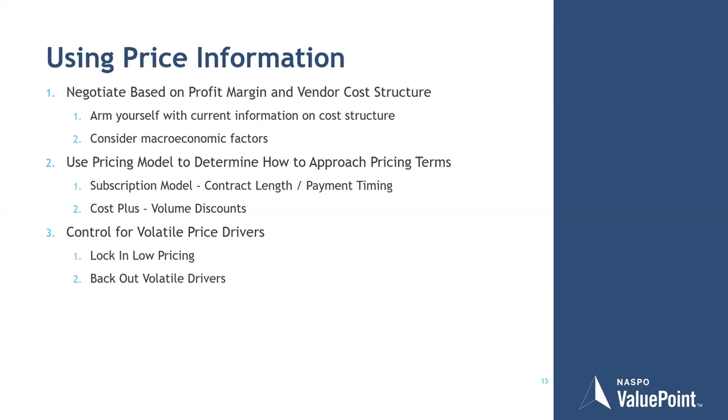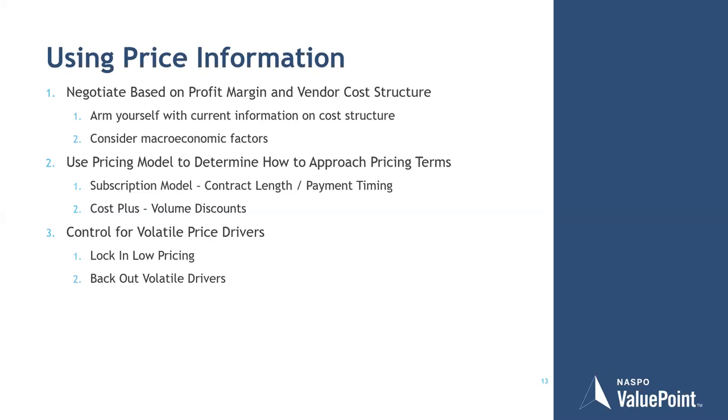So in the example we just looked at, for a subscription model, you might approach those negotiations with an eye towards, an increased contract length for subscriptions will often yield a better price. The timing of the payment, so paying more money up front, will often yield a better price for those pricing models. But if you think about something like cost plus, that length of time is actually harmful to the vendor because they don't want to lock in something that has potentially volatile price drivers.